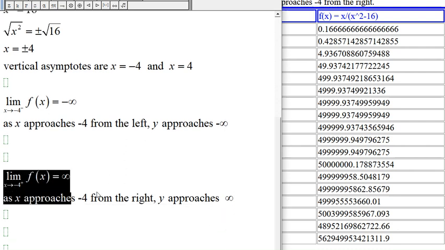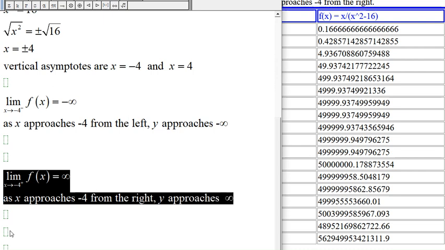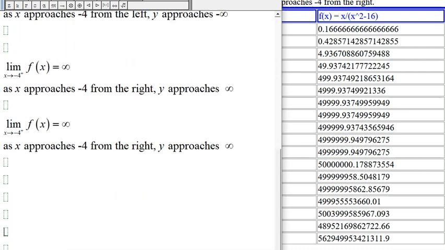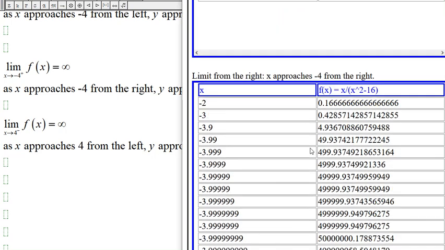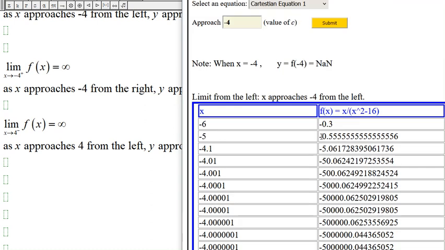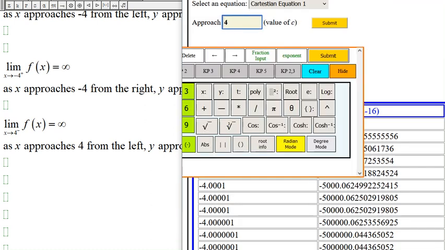And now we'll do the same thing for 4. So we want to know what happens if we approach 4 from the left. So as x approaches 4 from the left, what happens to the y? Meaning x will be values that are to the left of 4.